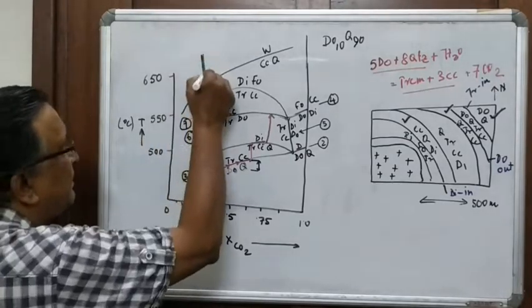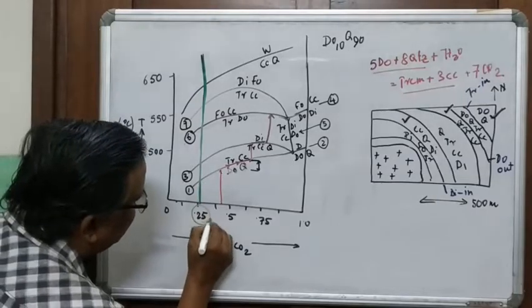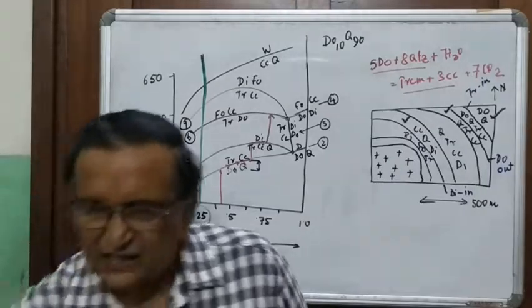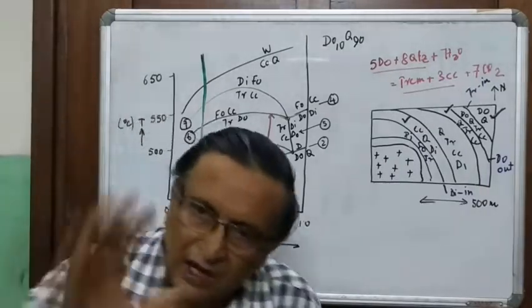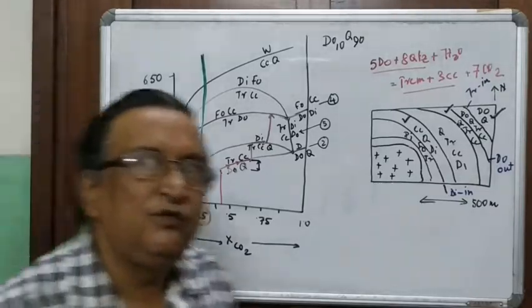That means X CO2 is 0.25. Let's say the fluid that is fluxing the rock and overwhelming the rock has an X CO2 value of 0.25.